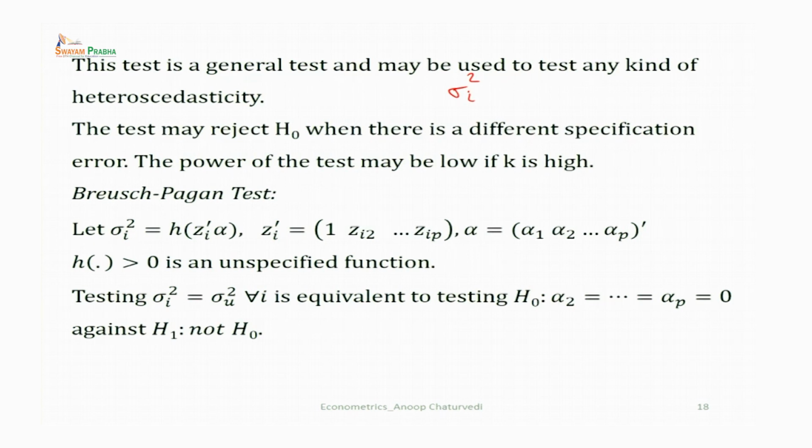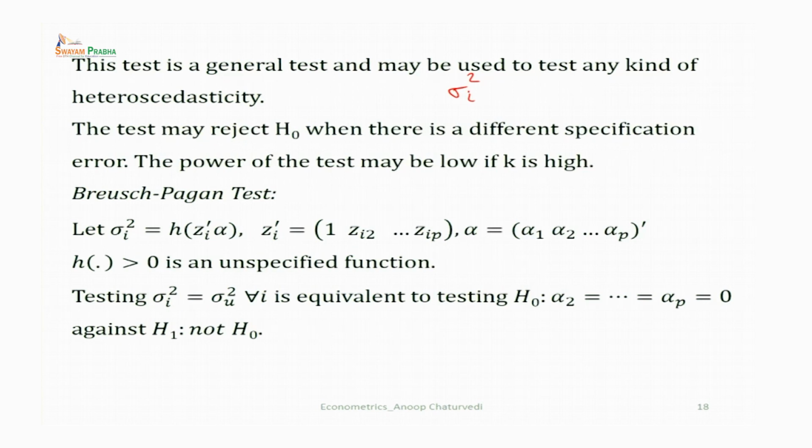But the problem with this test is that the test may reject H naught when there is a different specification error, or the power of the test may be low, particularly when k is high. Remember that we are regressing e i square on k into k plus 1 by 2 terms involving squares and cross products of x's. So, the power of the test is quite low if k is high.